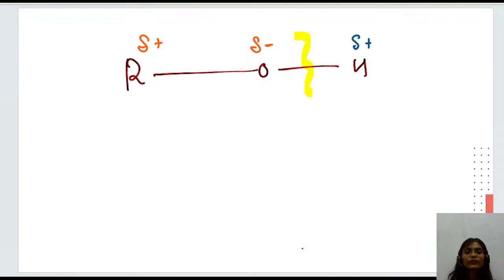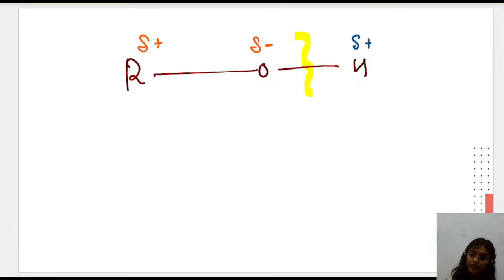How does this bond breaking explain acidic or basic character? ROH gives the H positive ion simply, right? So that is acidic character, right? So now we are going to compare the acidic characters.